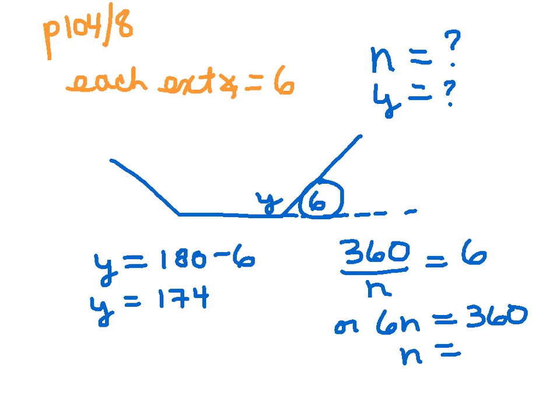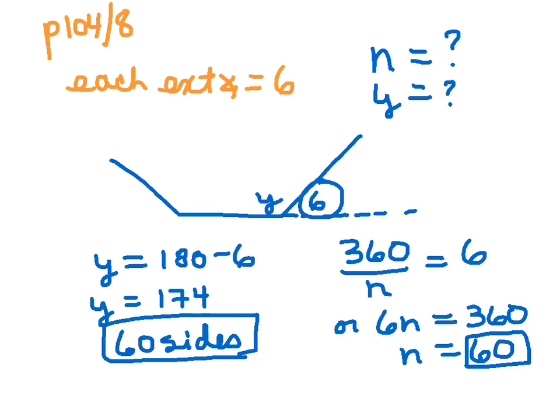So n has to equal 60. So this is a 60-sided figure. That's why those interior angles are so open and so wide, right? Alrighty, so I think you get the idea.